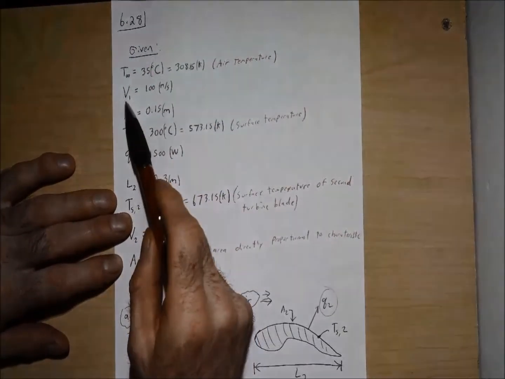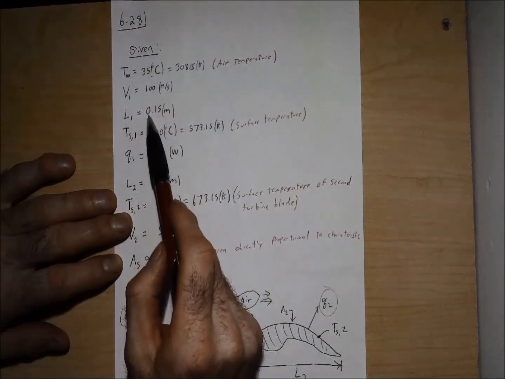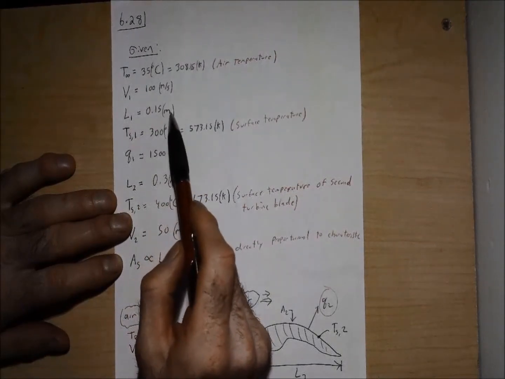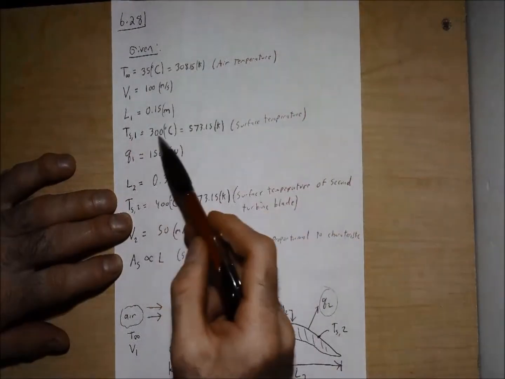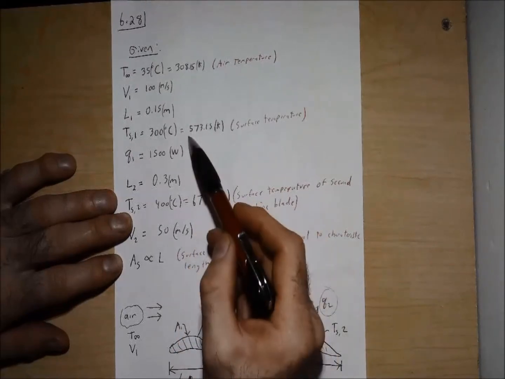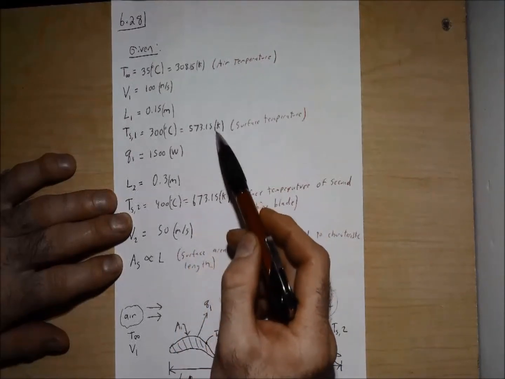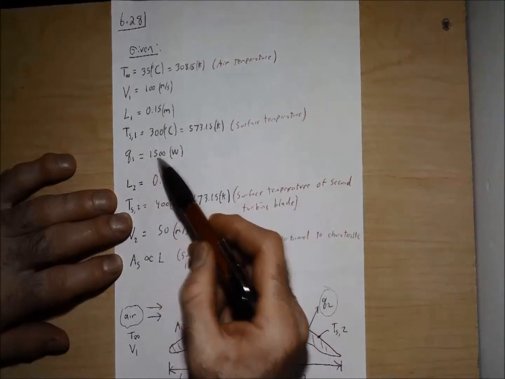We have V1, our velocity, equal to 100 meters per second. We have length 1 of 0.15 meters, and we have our surface temperature TS1 equal to 300 degrees Celsius, again converted to Kelvin, 573.15 Kelvin. And our Q1 value given in the problem statement is 1500 watts.